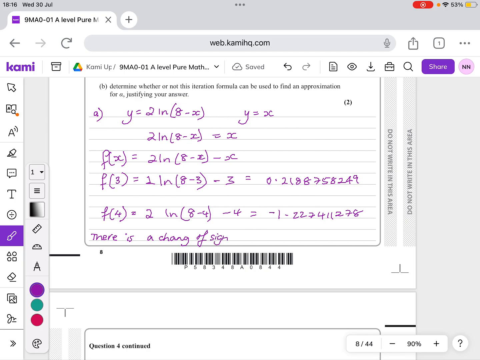So change of sign is one thing they always look for. If you look at the mark scheme and they've underlined something, that needs to be there to get that mark. So there is a change of sign and the function is continuous.